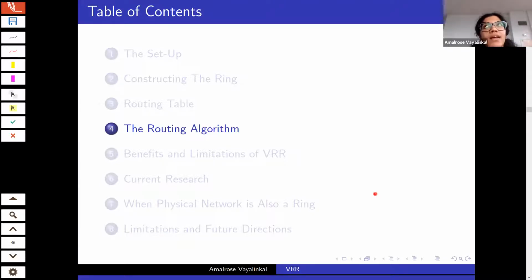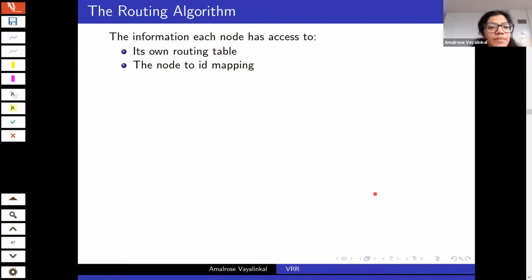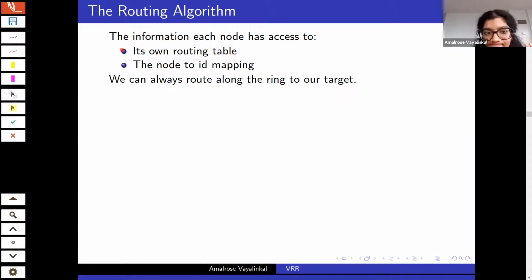And so what we want to do is use minimal information to construct these virtual links without having every node store a path to every other node. So for the routing algorithm, the information each node has access to is its own routing table and the node to ID mapping.